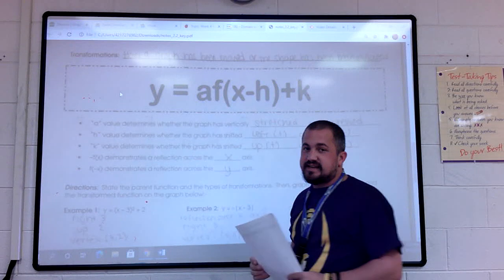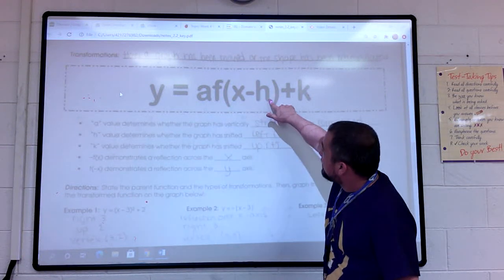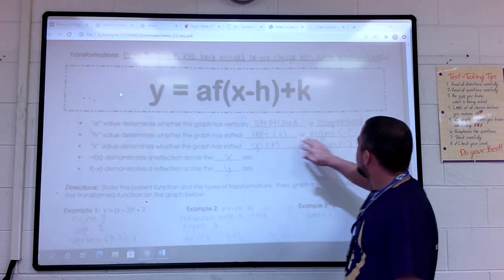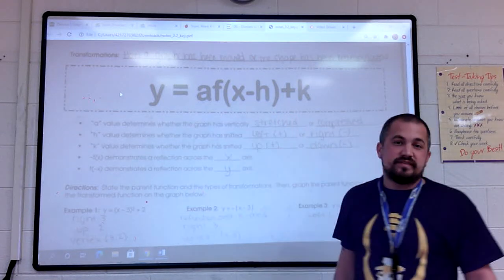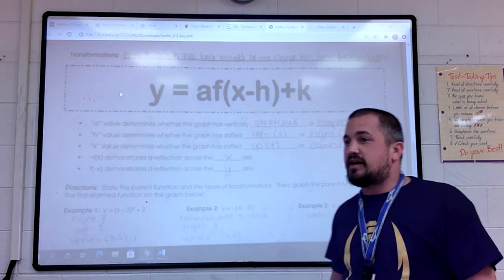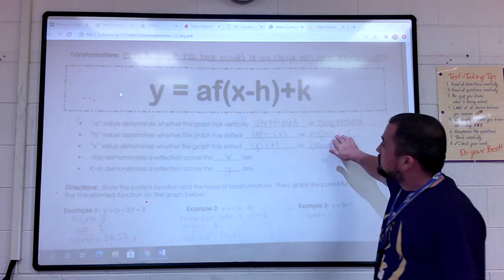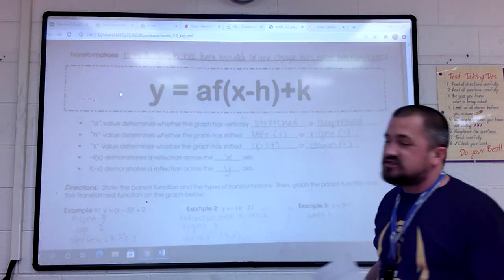The h, which is inside of the parentheses, determines whether the graph has shifted left or right. If you add inside of parentheses, just like if you add inside of absolute value, then you will be moving to the left. If you subtract inside of the parentheses, then you would be moving to the right.